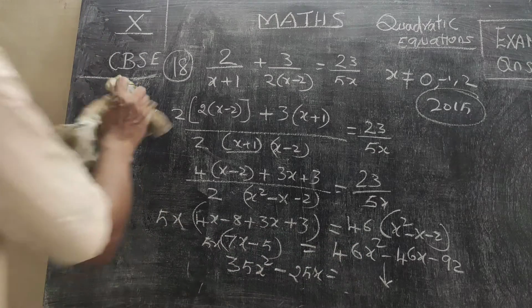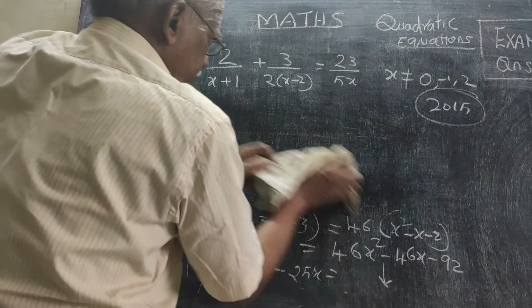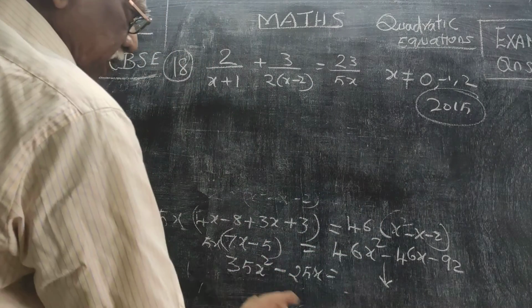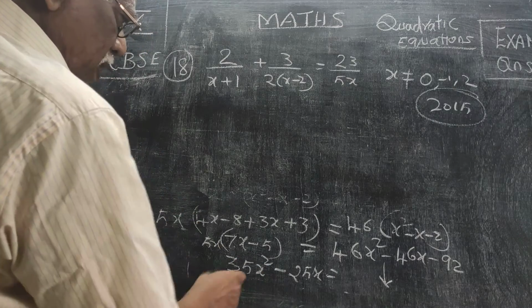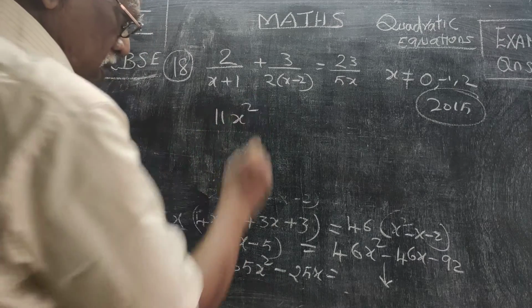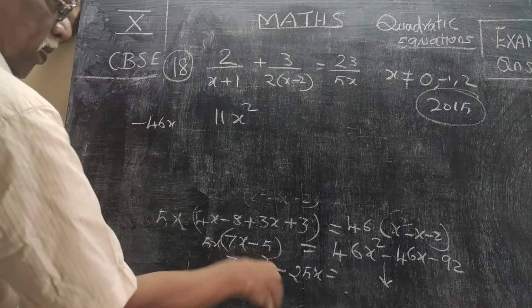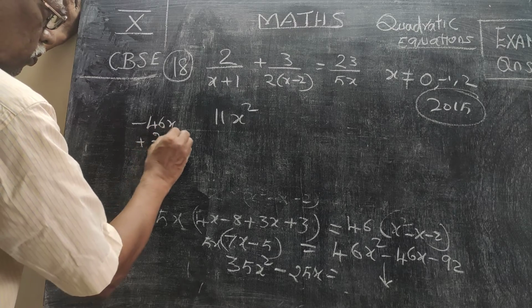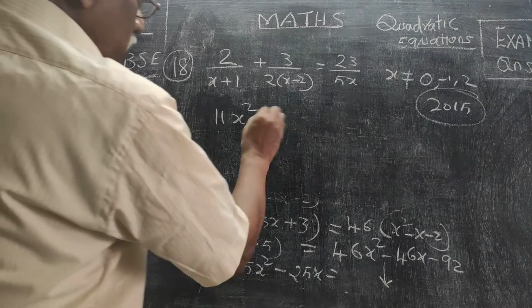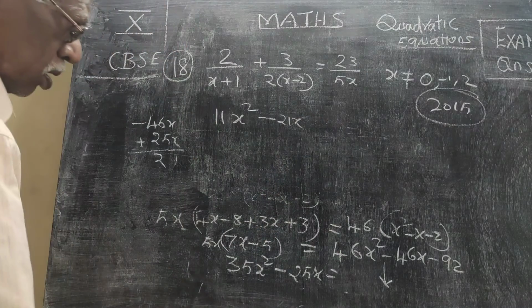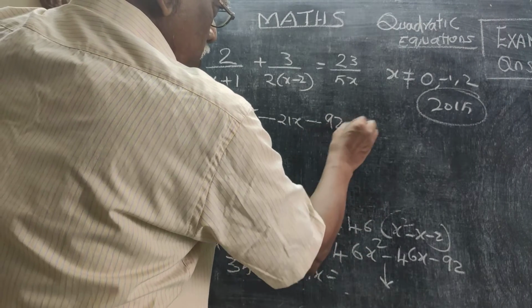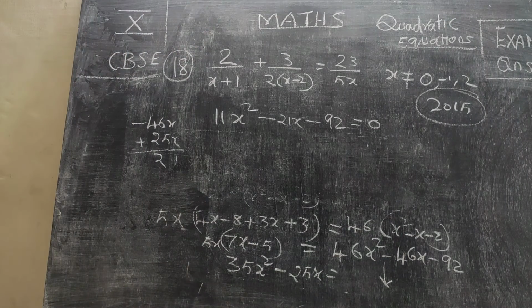Now the next step, since 46x square is there, I am taking everything to that side. 46 minus 35, 11x square minus 46, and this minus 25 goes, the result is that minus 21x and minus 92 equal to 0. 46x square minus 35x square minus 46 plus 25 minus 21 and then minus 92 equal to 0.